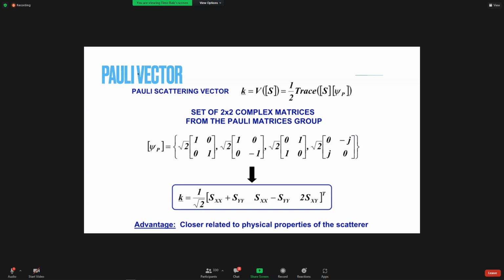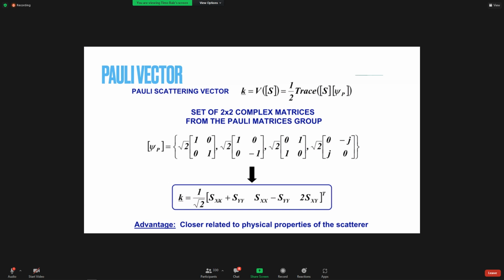A good way of visualizing it is the Pauli vector, the Pauli scattering vector. So you make that 3 bands, red, green, and blue, so you can visualize it on a computer screen.